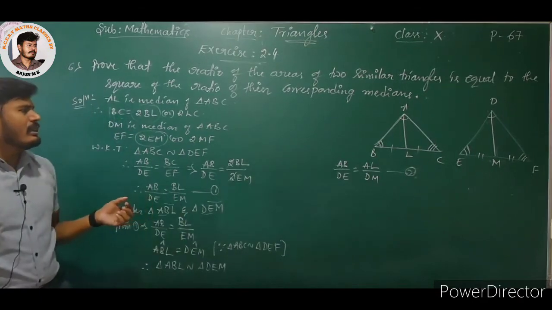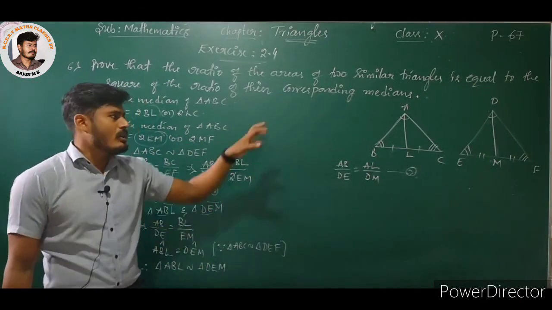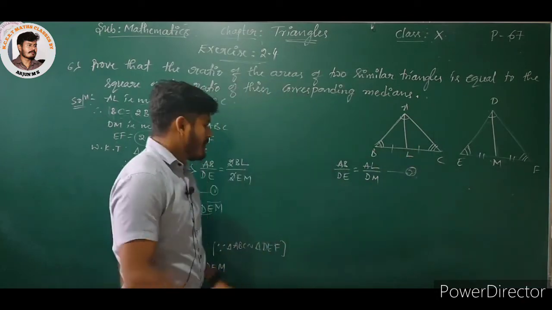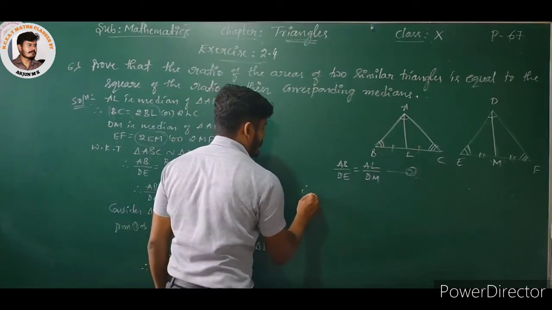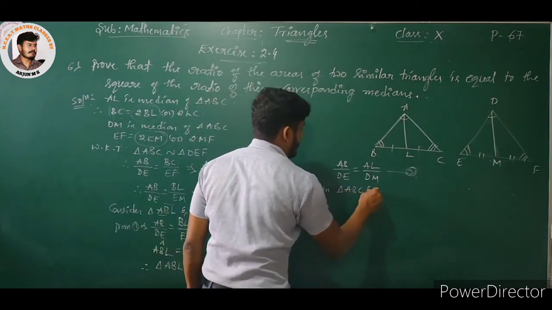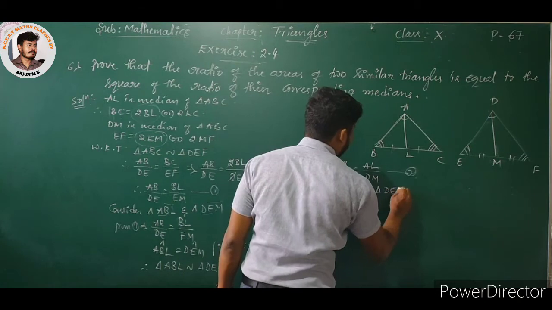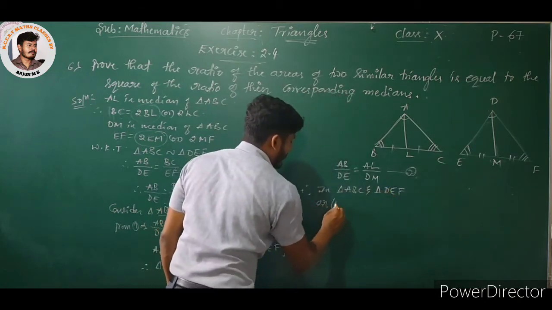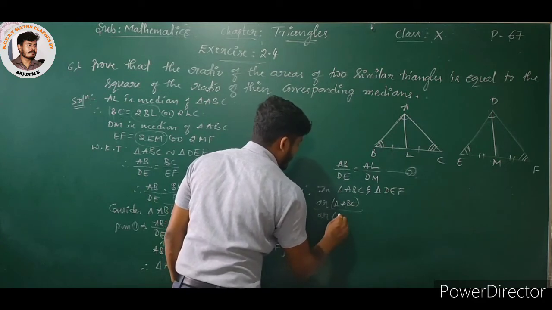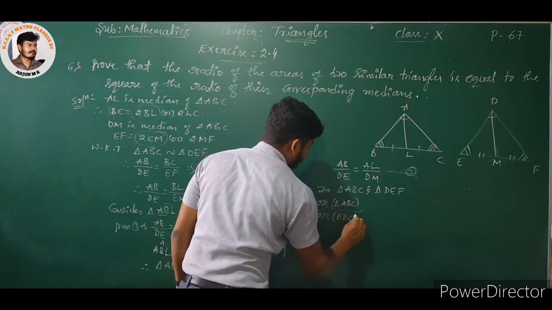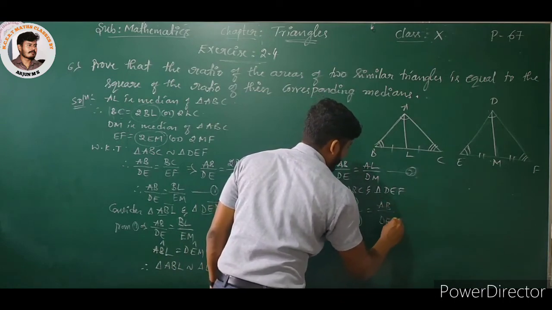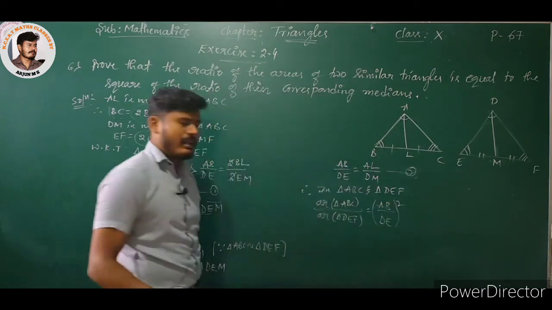You just observe here AB by DE is equal to AC by DF is equal to BC by EF. Therefore, in triangle ABC and triangle DEF, area of triangle ABC divided by area of triangle DEF is equal to AB by DE whole square.